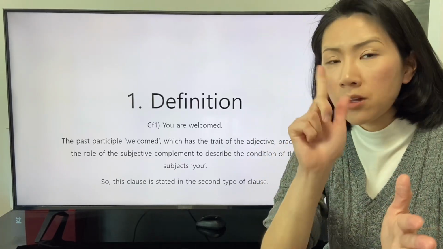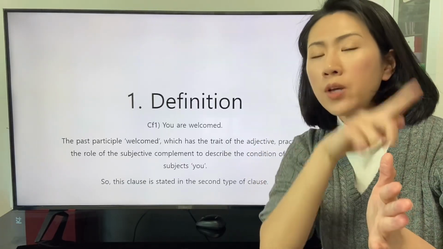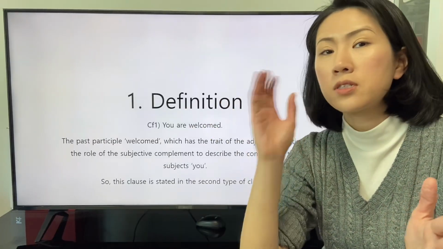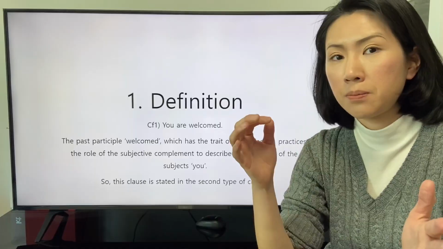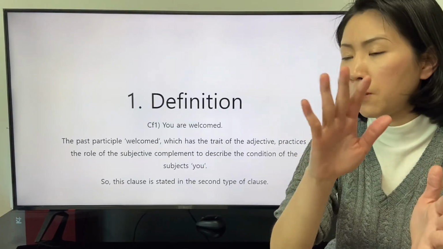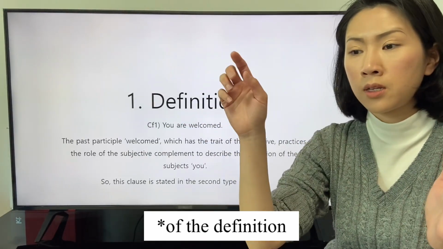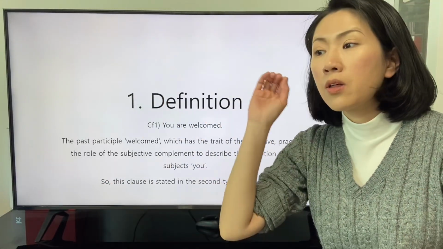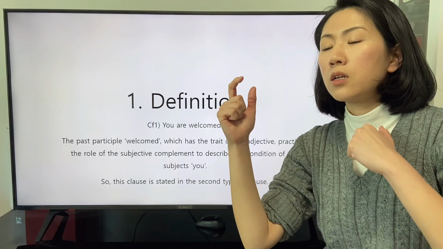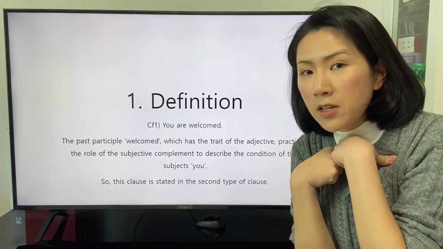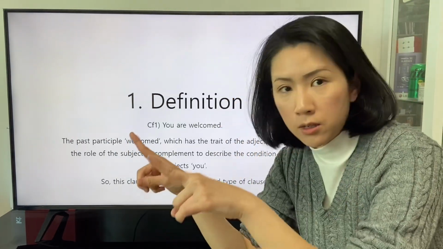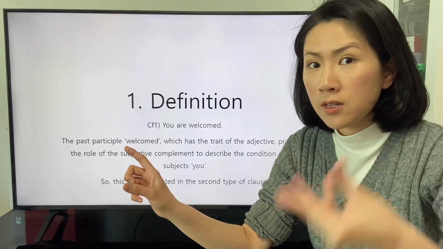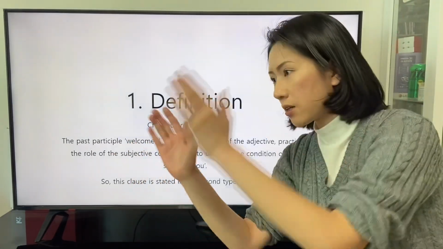The first and second type of clause focus only on the subject, and in the third, fourth, and fifth type of clause the transitive verb is applied to the conveyance from the subject to the object. The clause stated in the passive voice focuses on the object to get the definition of the transitive verb from the subject.